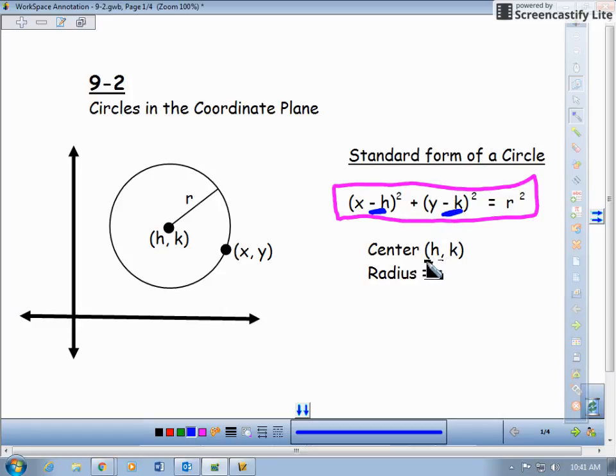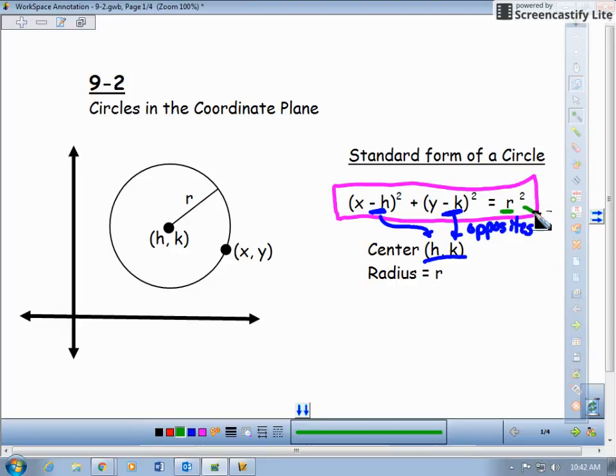So when we pull that center out of this equation, which is one of the things we're going to do, you've got to take the opposites of both of these in order to get our center. And then the radius of your circle is this constant out here, and it's actually the radius squared.